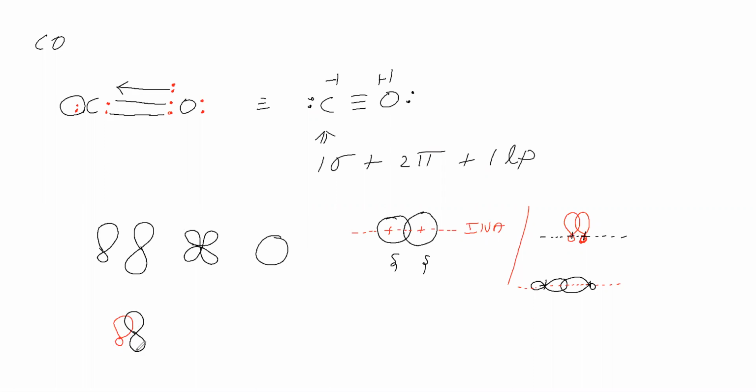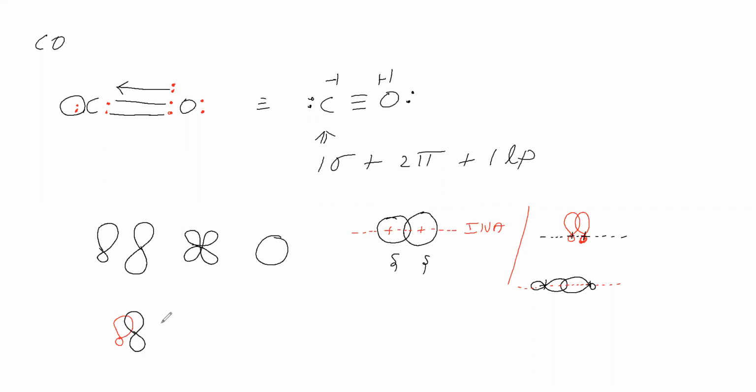Here overlapping is possible, but there is no overlapping here. That means only one end overlapping is there. Therefore, it is called end-on-end overlap, or axial overlap. That means this overlap is a sigma bond. Therefore, it will not give a pi bond.